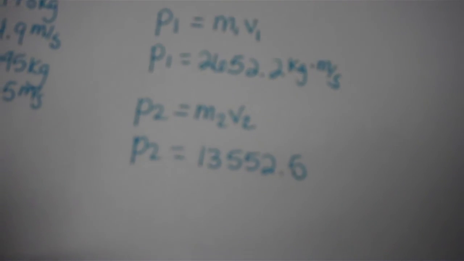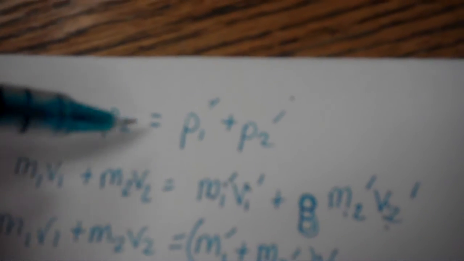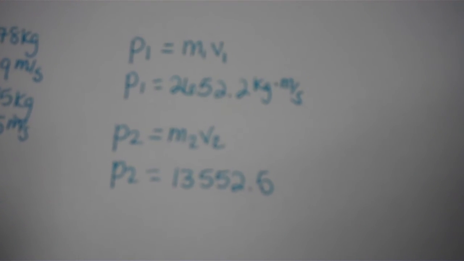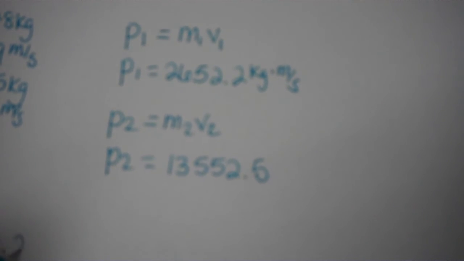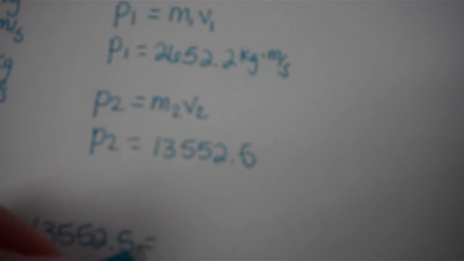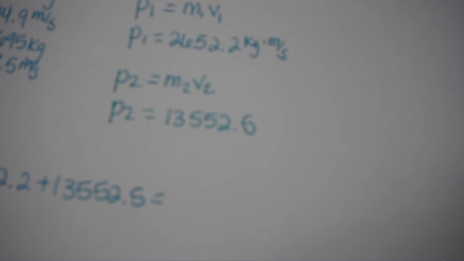So we have our initial momentum. So we're going to take those and add them together, because remember, our equation is P1 plus P2 is equal to P1 prime plus P2 prime. So we have 2652.2 plus 13552.5, and that's going to be equal to the mass times the velocity after.